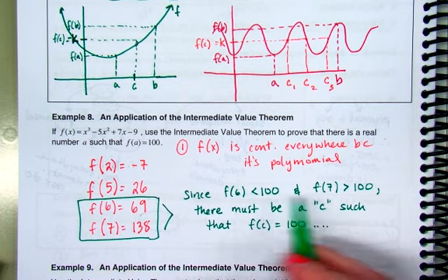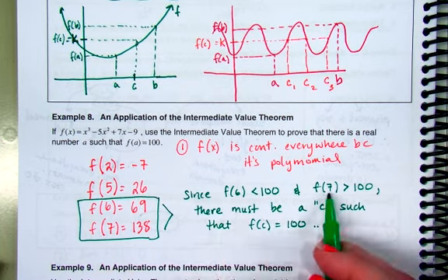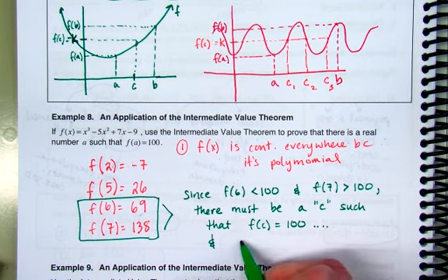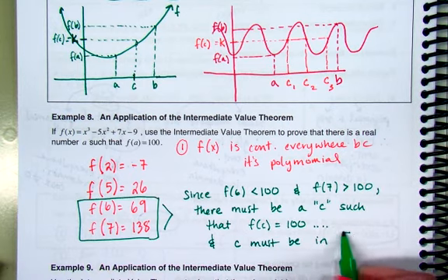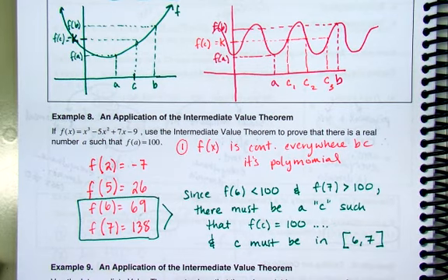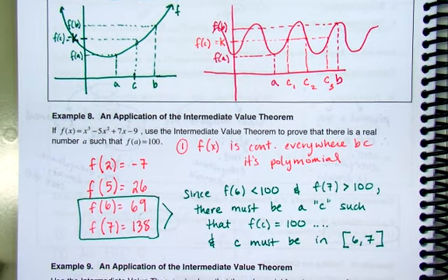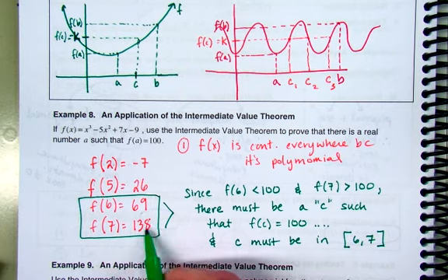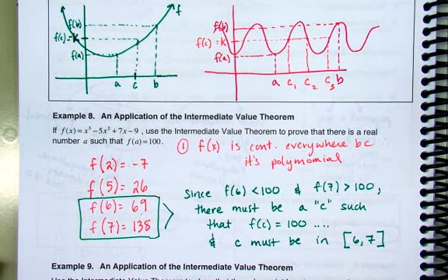It must be between 6 and 7, right? And C must be in the closed interval from 6 to 7, right? So it's somewhere between 6 and 7, and that'll give you a value of 100, because 100 is between 69 and 138, okay?